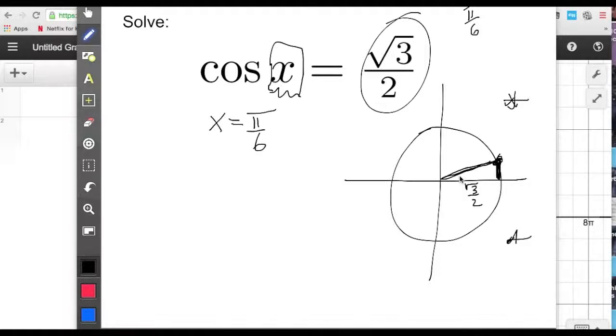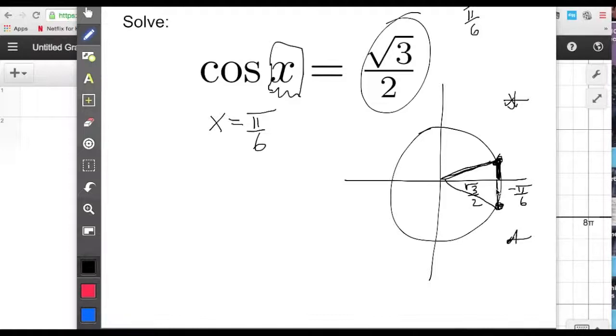Now, is that the only case? Is that the only angle that would give you a root 3 over 2 for cos of these angles? Notice if I flip the triangle upside down into this quadrant, down here I also have that same x value being root 3 over 2. So what angle am I talking about here? Well, it's the flip of this. One way to look at it is it's minus pi over 6.